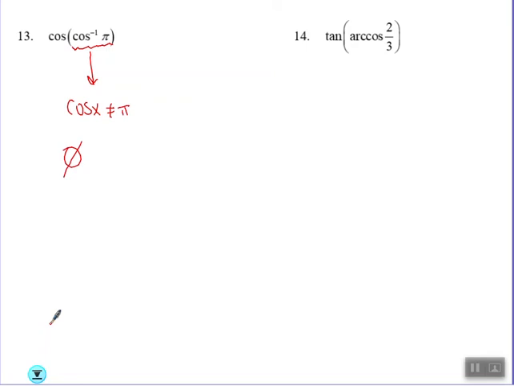Lastly, let's look at tangent of arc cosine of 2/3. Well, 2/3 is not a value that's on our unit circle, so let's draw a triangle.